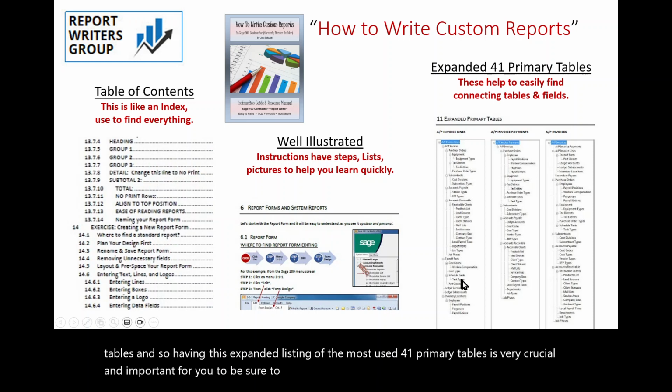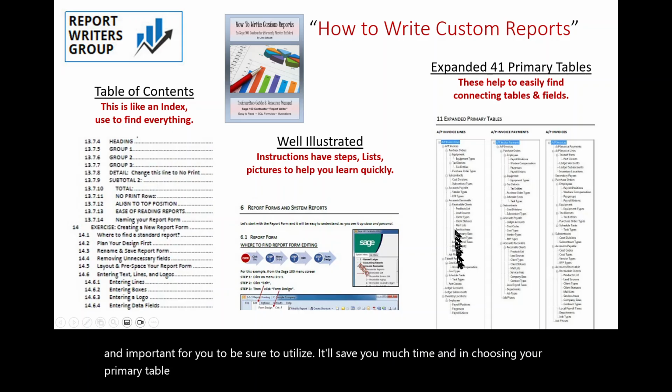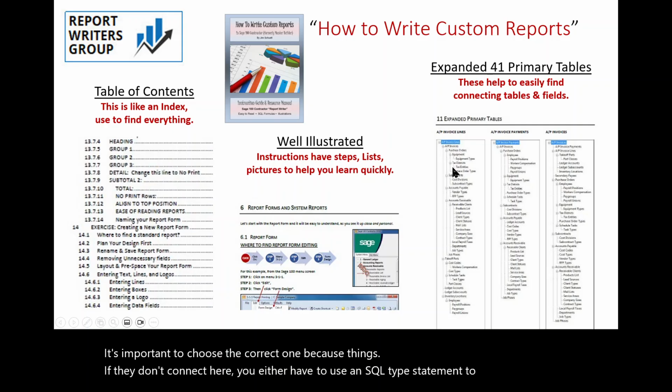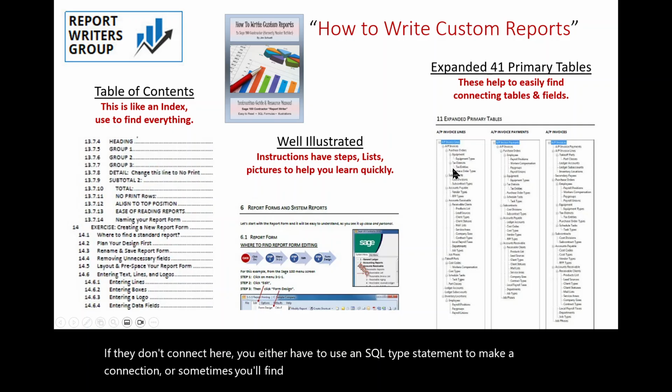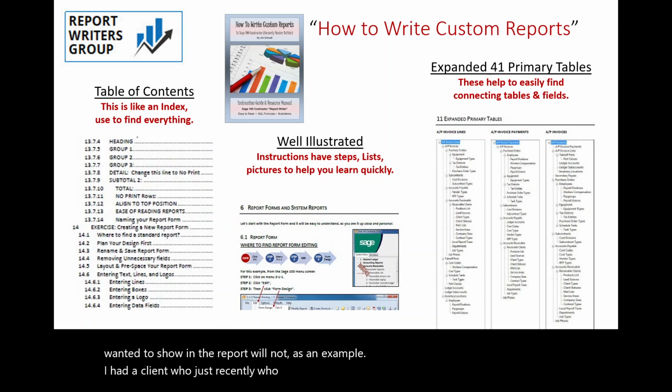It'll save you much time, and in choosing your primary table, you'll find out soon that it's important to choose the correct one, because if things don't connect here, you either have to use an SQL type statement to make a connection, or sometimes you'll find out that no matter what you do, the types of things you wanted to show in the report will not show. As an example, I had a client just recently who wanted a job cost report.